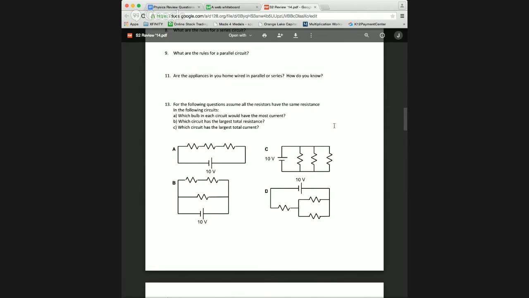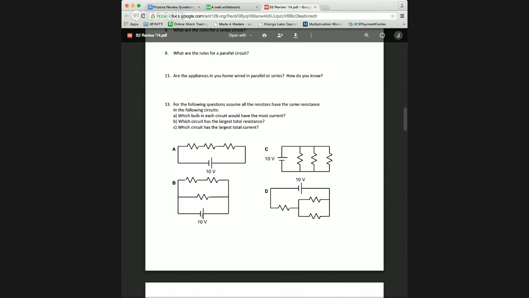Now, C's current is bigger because it has the least resistance, because all three of them are in parallel. Remember, in parallel, resistance goes down.